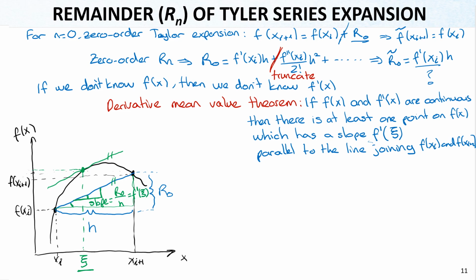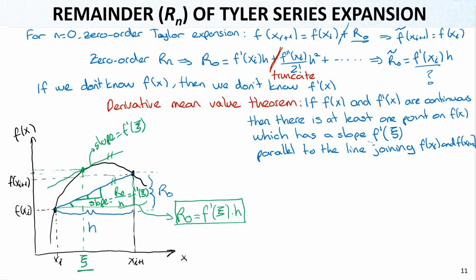So that's why if we isolate R0 from here, that is the derivative times h. So this is very important, and this gives the slope of this as well. This slope is also the derivative of this.